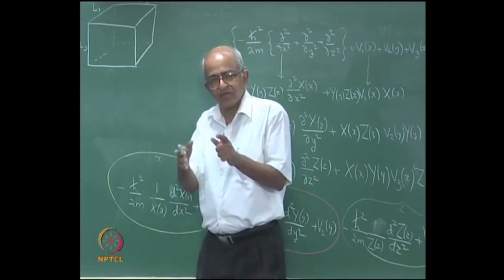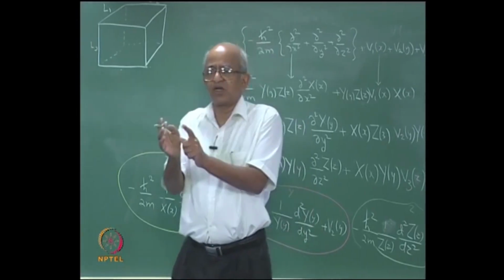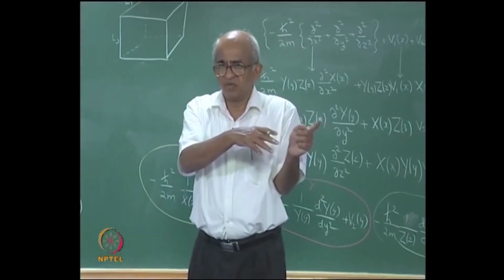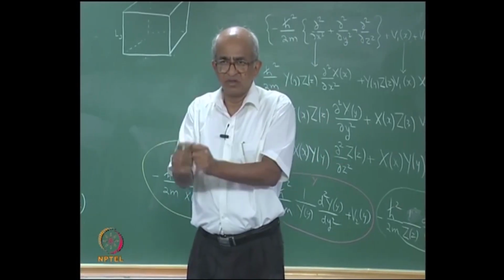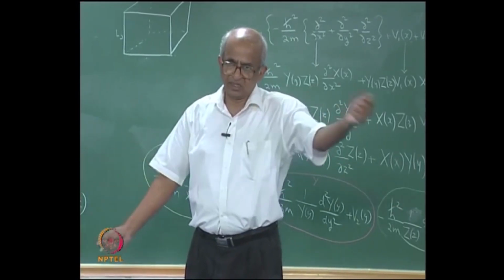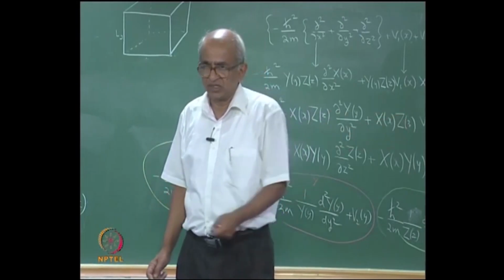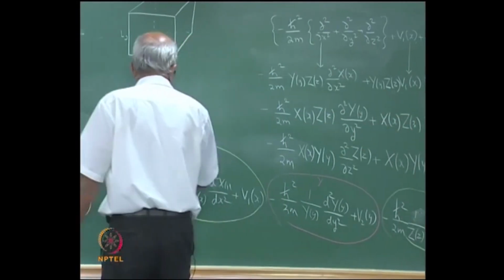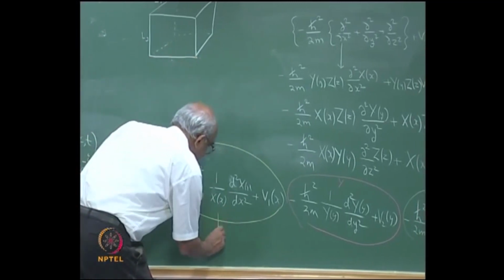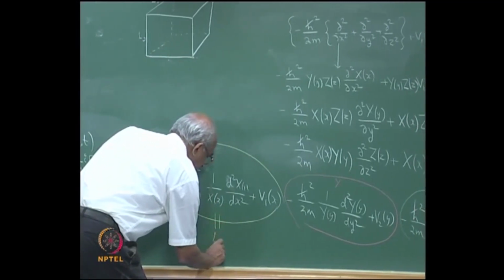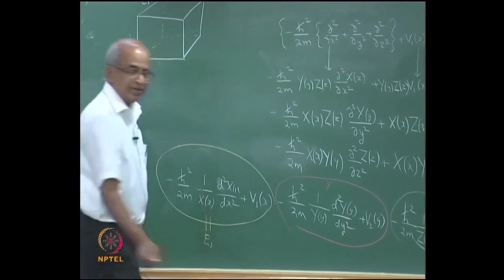If you have an equation which says that a function of x alone is equal to a function of y and z, then that function of x alone should be equal to a constant, and the other part also should be equal to a constant. So, therefore, what is the conclusion? The conclusion is that this must be equal to a constant, and I am going to call this constant E1.